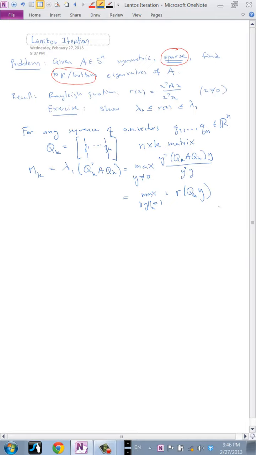Note by the exercise above that this is going to be less than the top eigenvalue of A. You can even see now why this exercise is so immediate.